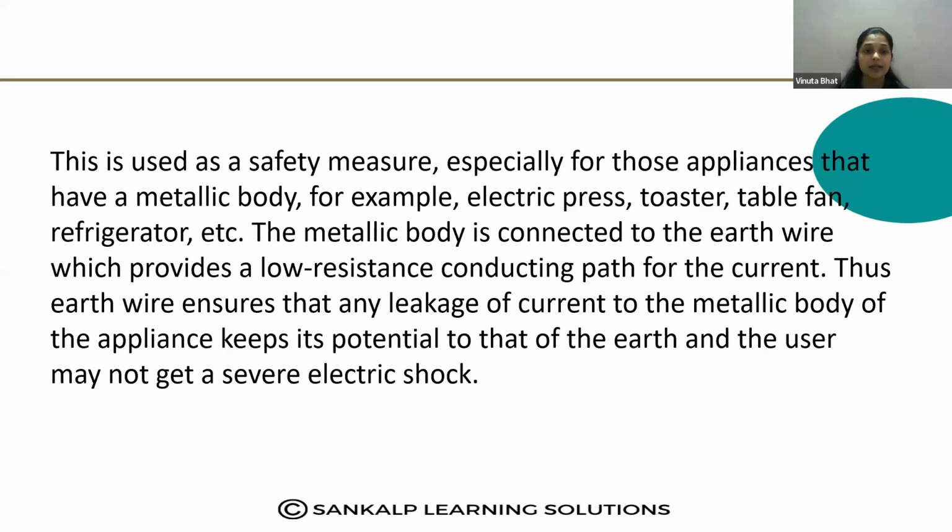Thus, the earth wire ensures that any leakage of current to the metallic body of the appliance keeps its potential to that of the earth, and the user may not get a severe electric shock.